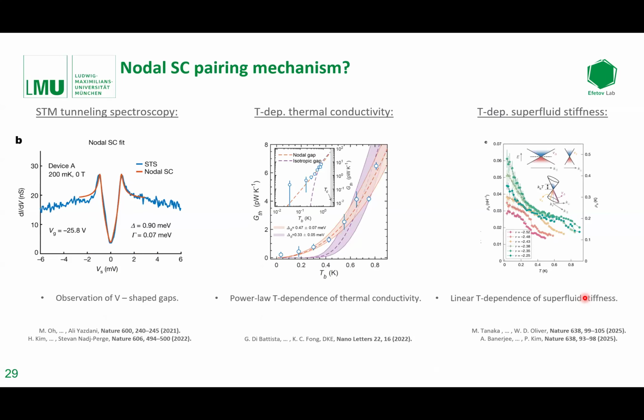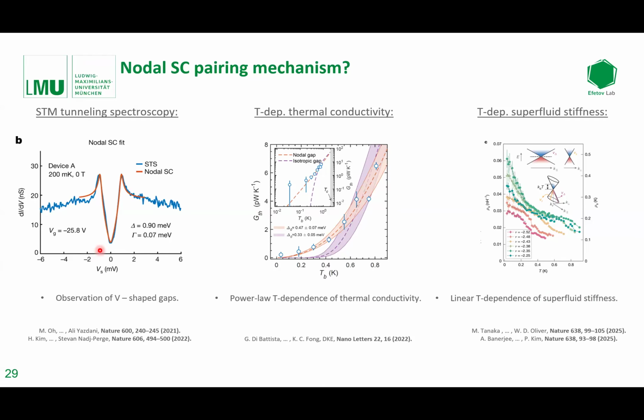Okay, and now just a couple of words. This field has now had time to probe the nature of the superconductor. One of the most sought-after tests was to test the pairing symmetry of these superconductors, and there is a large number of works by now.